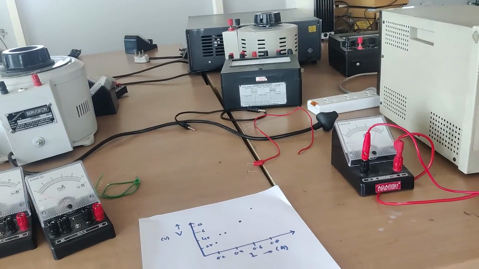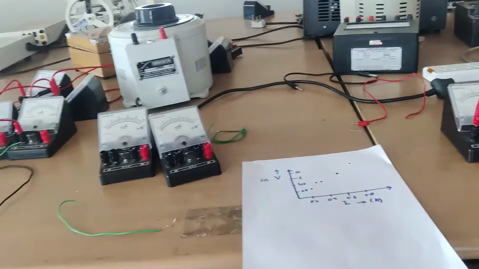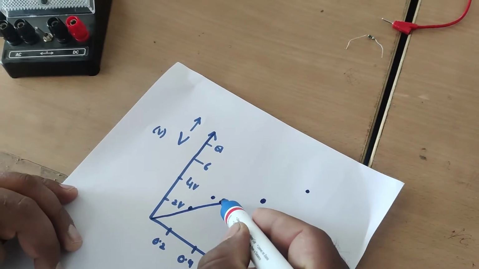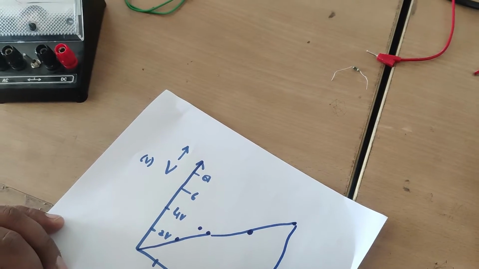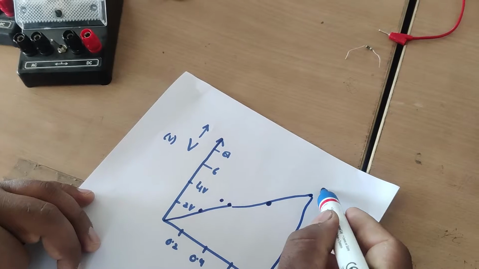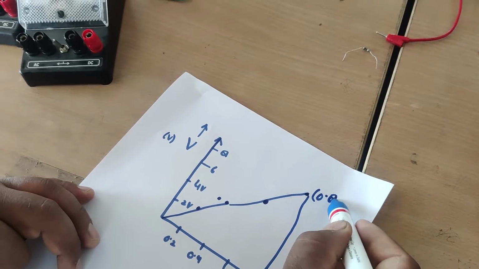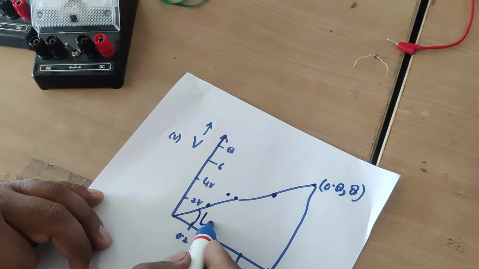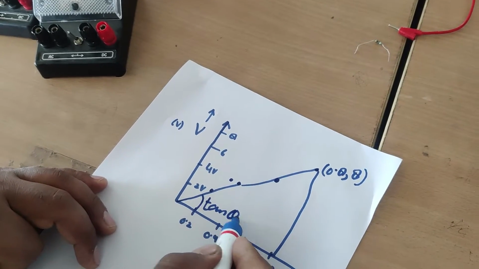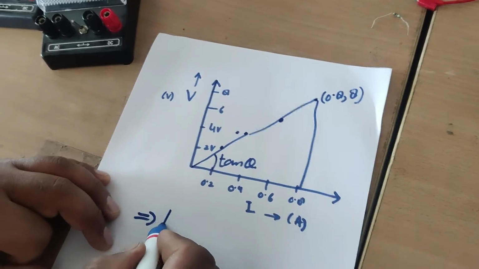Now if I draw a tangent, at any point, say at 8 or 6 or 4 volts, as you know, tan theta is perpendicular by base. So mathematically we will prove that it should remain linear.